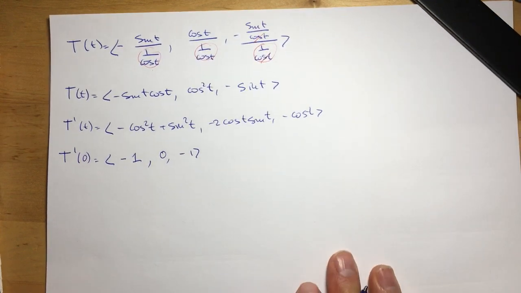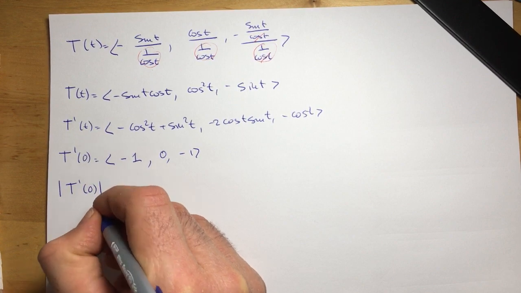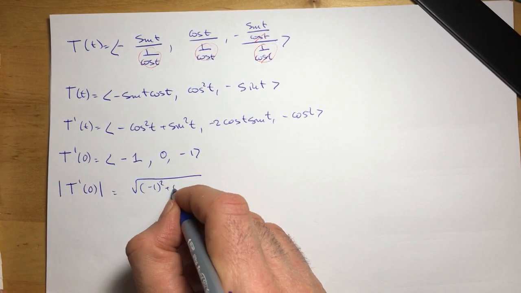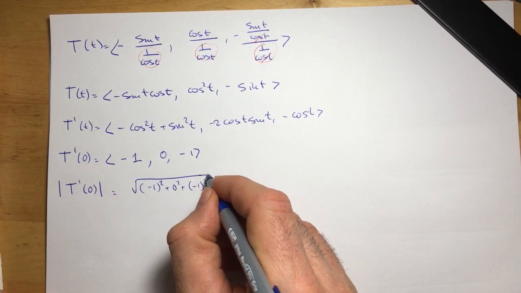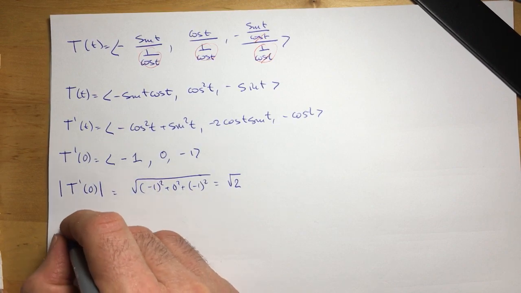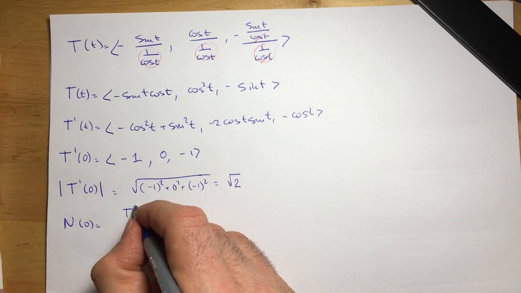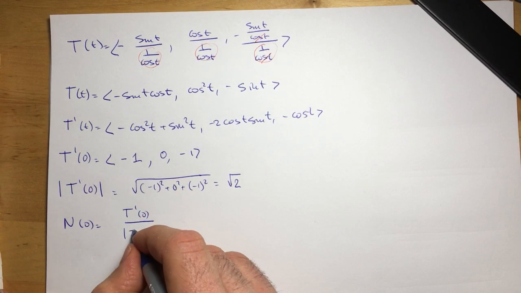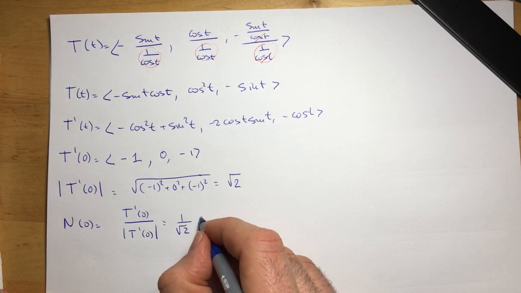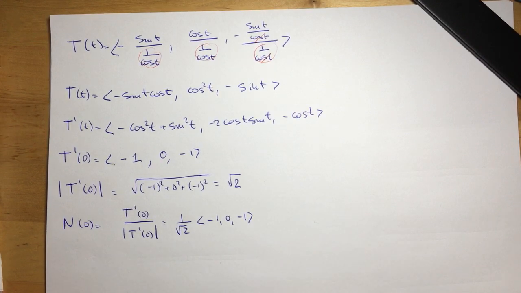In this moment I can evaluate the magnitude of T prime of 0, that's the square root of negative 1 squared plus 0 squared plus negative 1 squared, that's square root of 2. So the normal vector at 0 is equal to T prime at 0 over its magnitude, which is 1 over square root of 2 times negative 1, 0, negative 1.